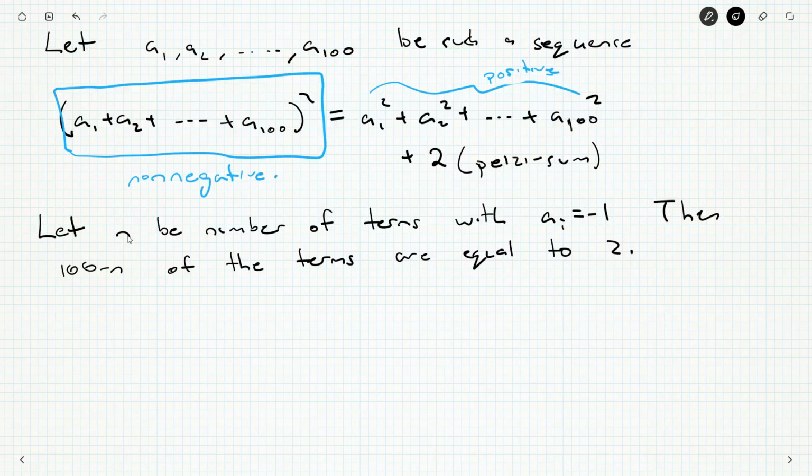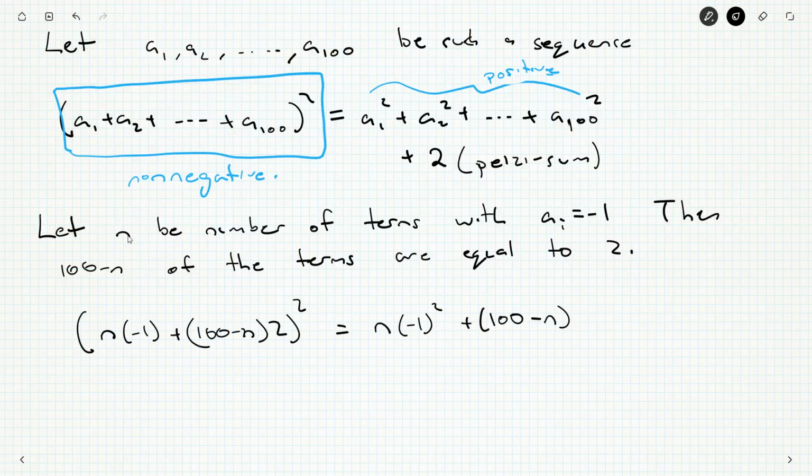So I can change these expressions. I can make it n times -1 plus 100 minus n times 2 squared. And then we'll get n copies of -1 squared plus 100 minus n copies of 2 squared plus twice the pairwise sum.